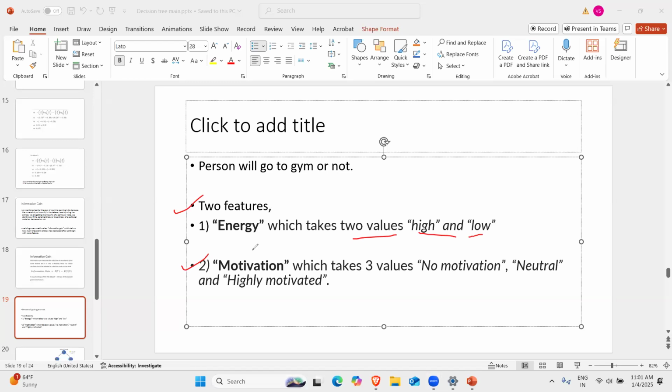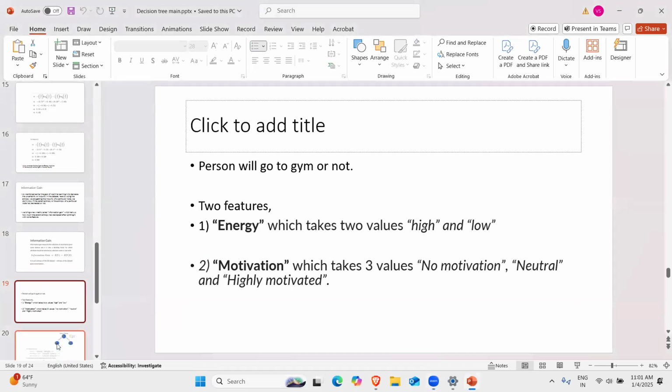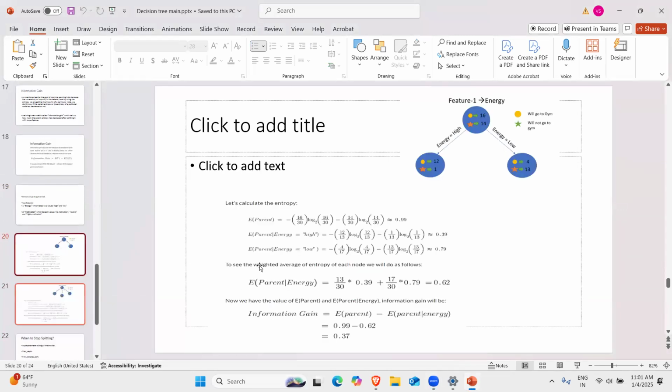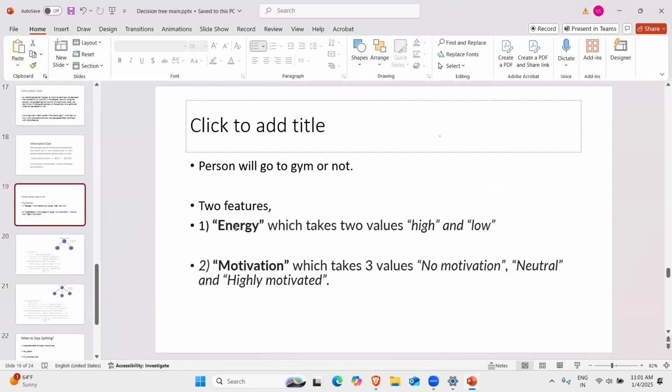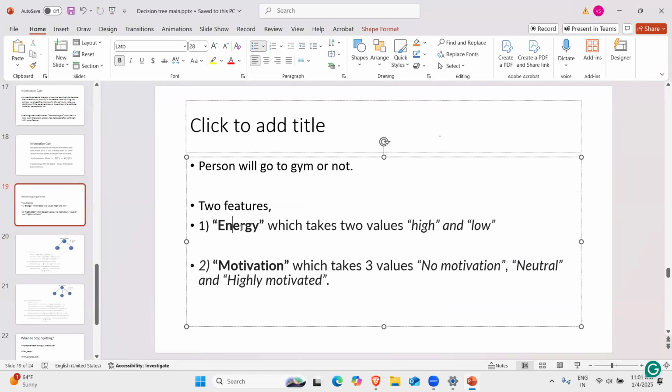Now I am interested to select this. So my feature one is energy, whether energy is high or energy is low. Based on which feature should we do splitting? That is our question.